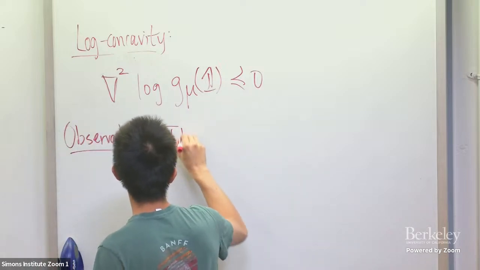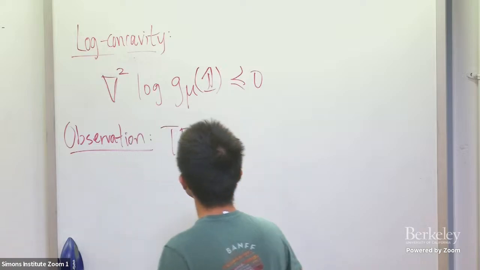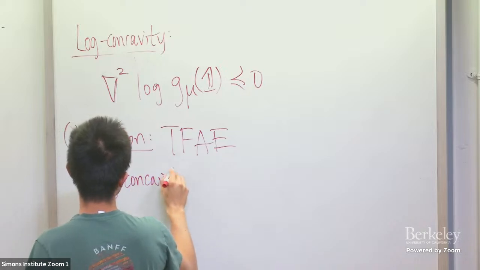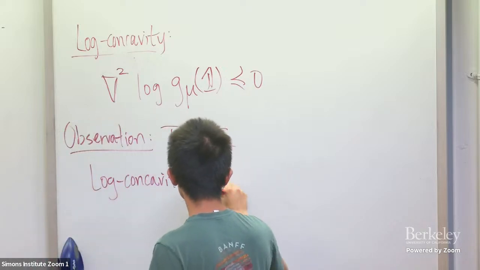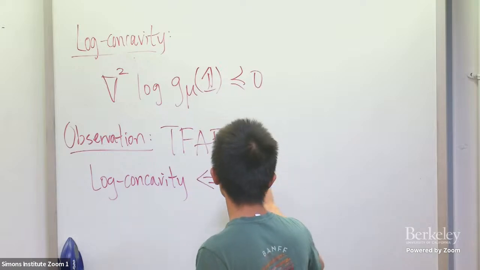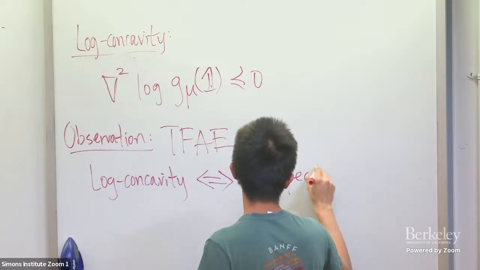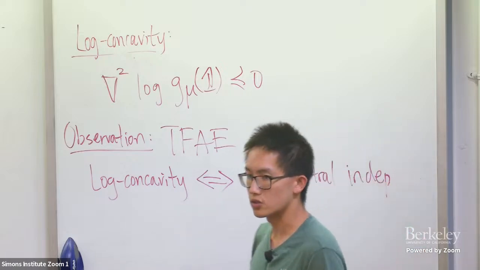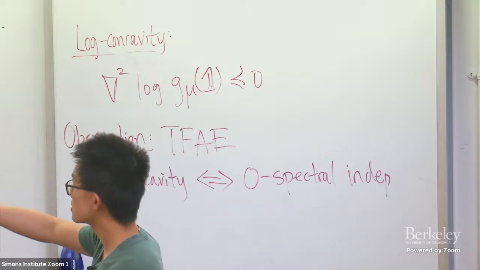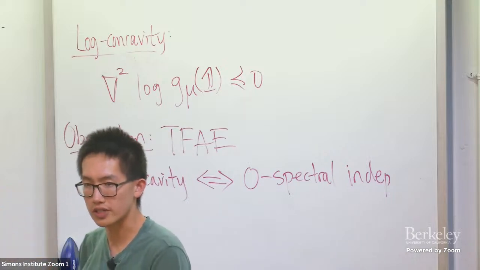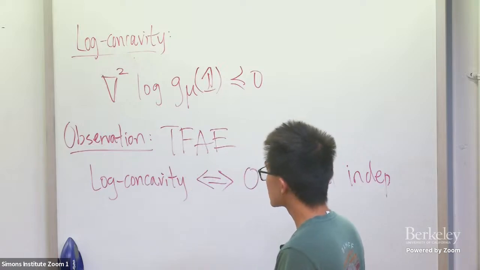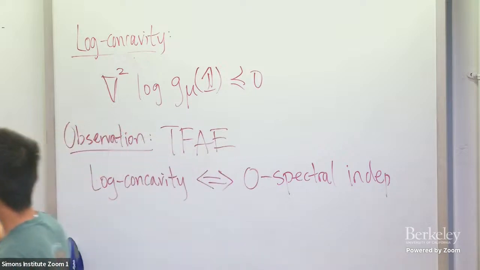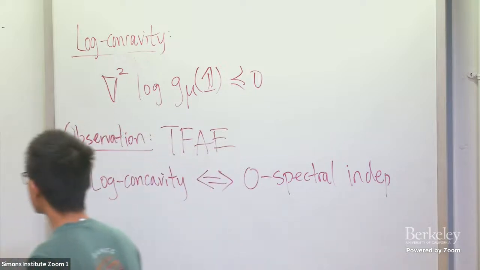The following are equivalent: log-concavity, the same thing as zero spectral independence. Just like the best you can hope for. So think about, for instance, the complete case, like I have everything, uniform over all k-sets. It's an equivalence; you can already see it through this lemma.